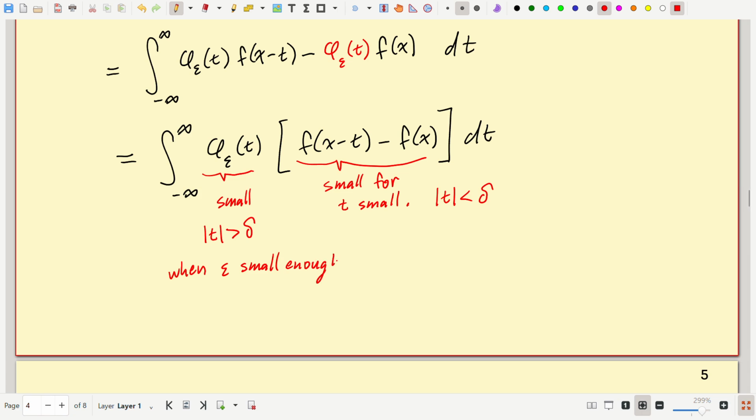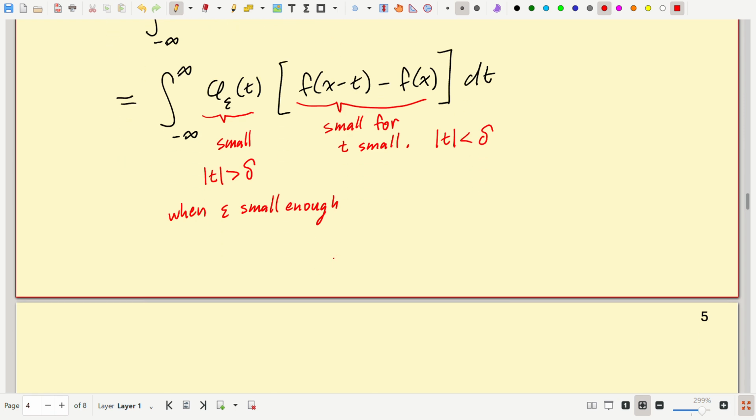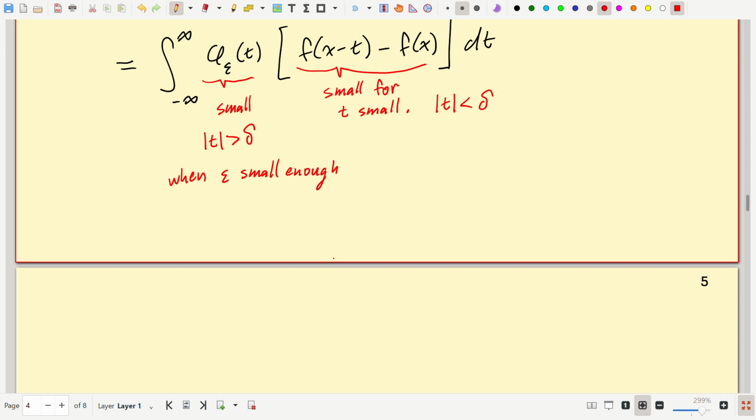So that's the good kernel argument. You split your integral into two pieces: one where the good kernel is small, and one where the thing you're hitting it with is small. Let me show you the details about how it goes.